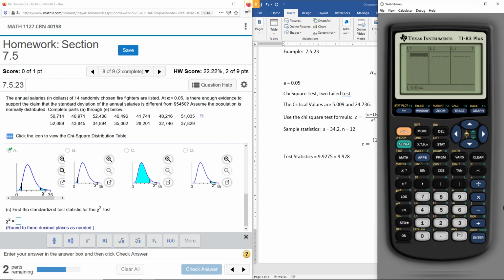So you want to put all those numbers you see on the left into the calculator, into L1 or L2, whatever you want. So I'll do 507714. Enter. All right. So let's go ahead and put everything in there.